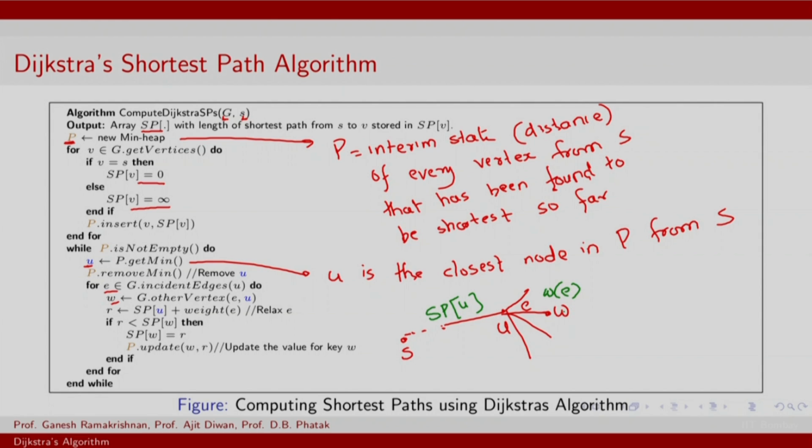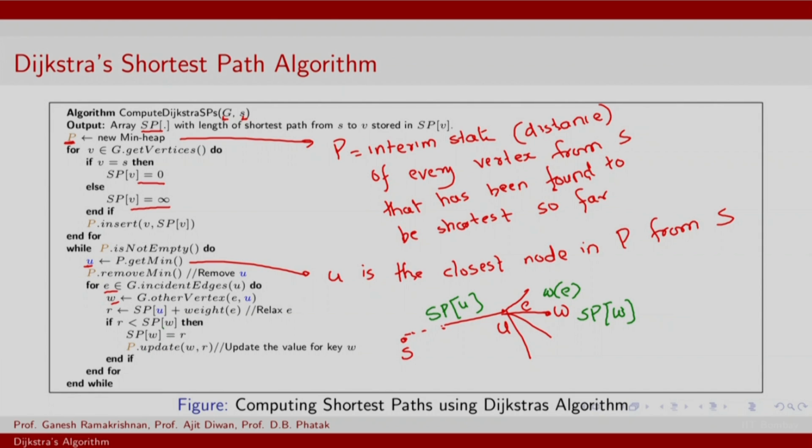So we are basically relaxing E, absorbing it into the path to W from S. Now if this relaxed weight R turns out to be less than the shortest path to W computed so far, we conclude that R, the relaxed weight, is indeed the shortest path. So we set SP W equals R and we update the same within P.